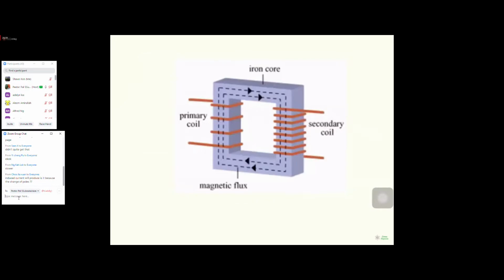Physically, this is all the transformer is. On one side, you have a primary coil, that's wire that comes in, wrapped around and comes back out again. And on the other side, you have the secondary coil coming in, wrapped around and back out. On the primary coil, you would attach your supply of power, whether that's the power station or your mains supply. And on the secondary coil, you'd attach whatever your load is.